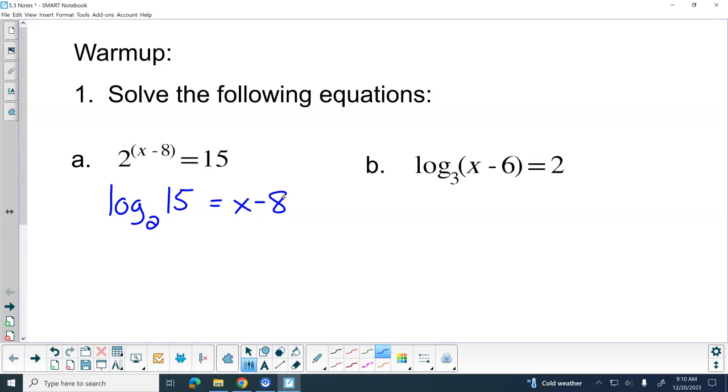So it should be between 3 and 4. Closer to 3 or closer to 4? Should be closer to 4, right? Because 15 is only 1 away from 16.